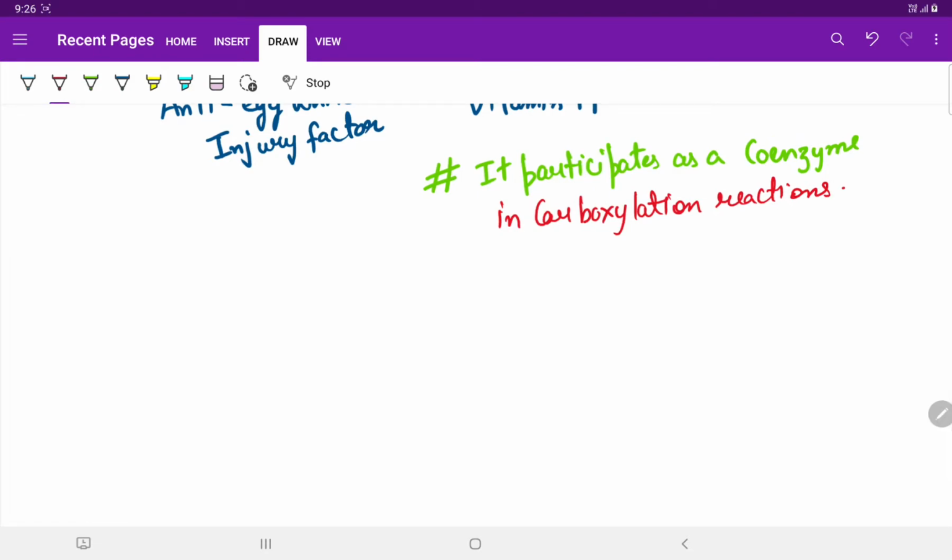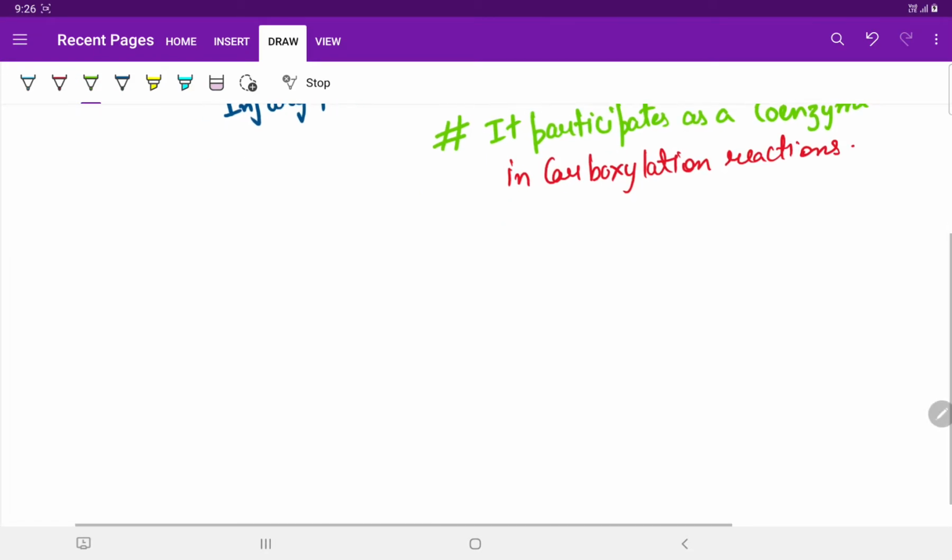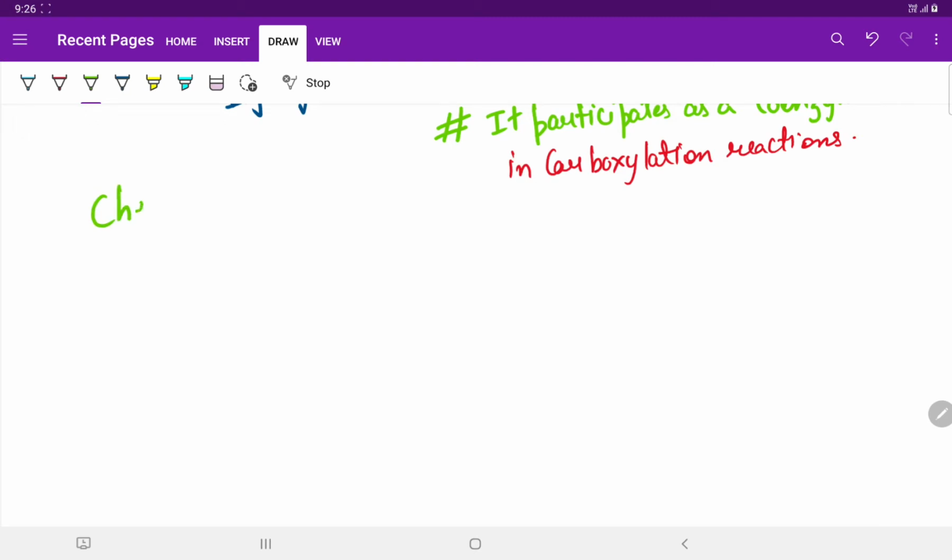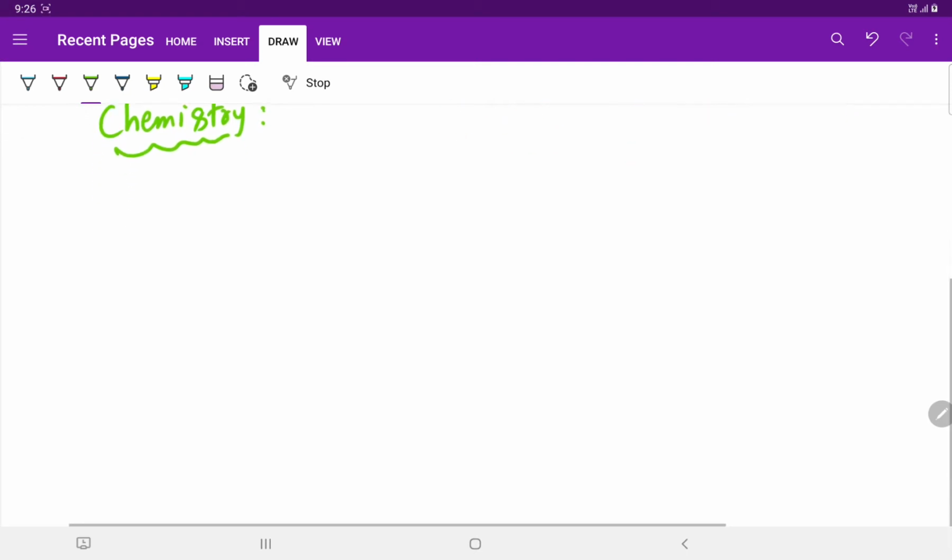So now let us first see the chemistry of biotin. It is a sulfur containing B complex vitamin, and it is a heterocyclic sulfur containing monocarboxylic acid also.